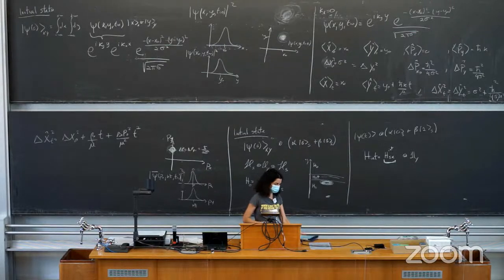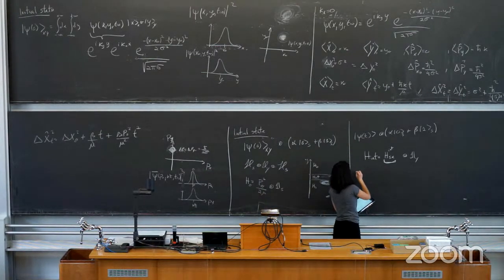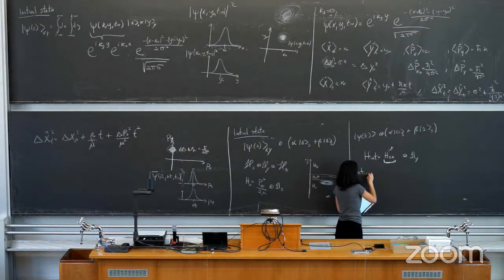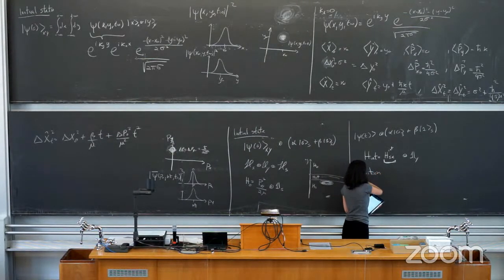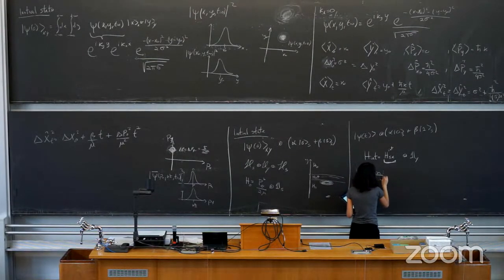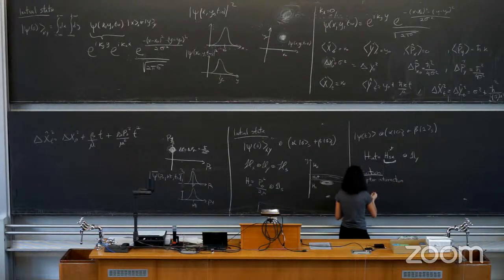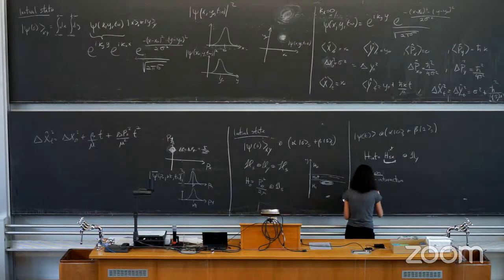So the intuition is that after the interaction, I have, just changing the order of the subsystems a bit, and that's why I write the indexes here.